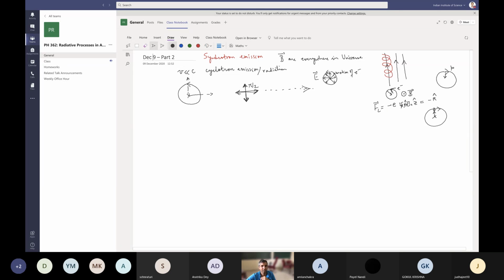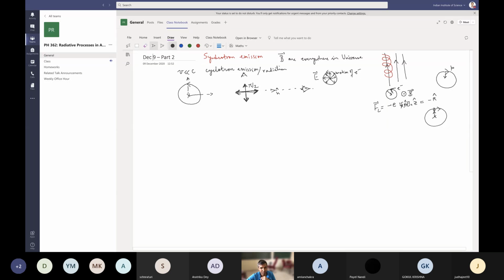If you look from here, you will not see the electric field due to this motion, because n hat is along the acceleration, so you only see this. So you see linearly polarized light here.